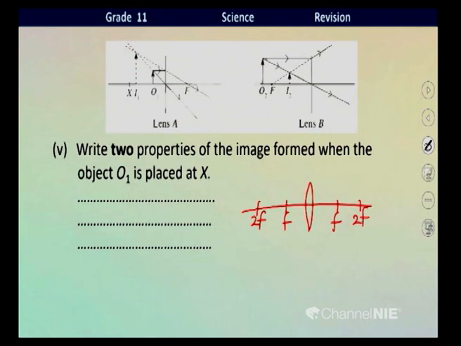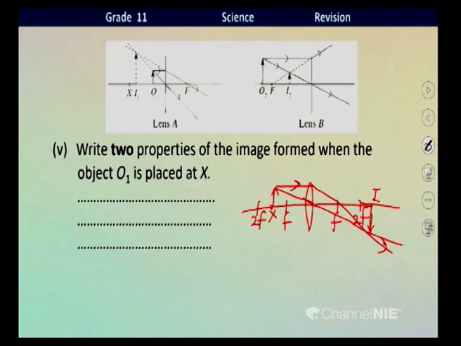Here X is somewhere here. If the object is placed here, children, this is how the image is formed. See, the parallel light ray passes through the focus, and the next ray goes through the optical center, and they intersect somewhere here like this.